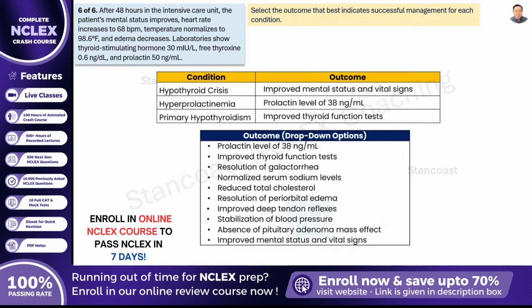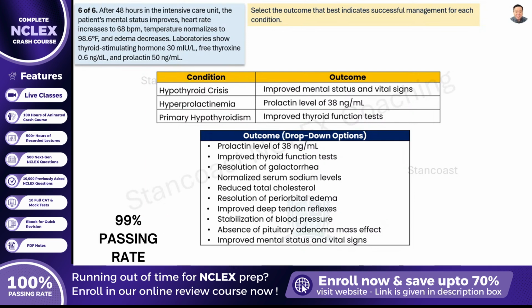Now, since we are managing this hypothyroid crisis and also the hyperprolactinemia, it simply means that we are managing a life-threatening condition and something that we can treat when the patient has already been stabilized.